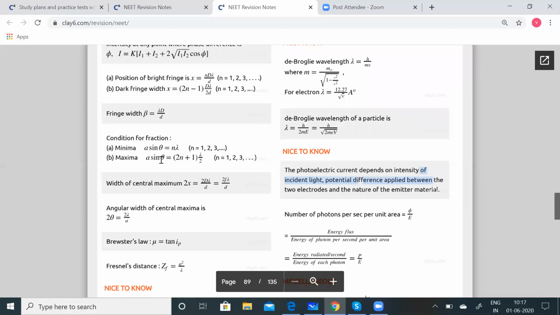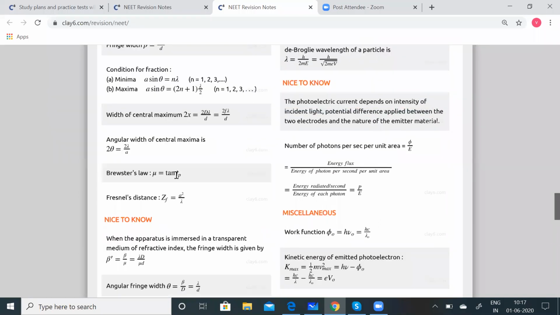And maxima is a sin theta is equal to (2n plus 1) lambda by 2, where n takes values 1, 2, 3. Width of the central maximum, 2x is equal to 2D lambda by d, which is equal to 2f lambda by a. It's enough you remember 2D lambda by d. So angular width of the central maxima is given by 2 theta is equal to 2 lambda by a.